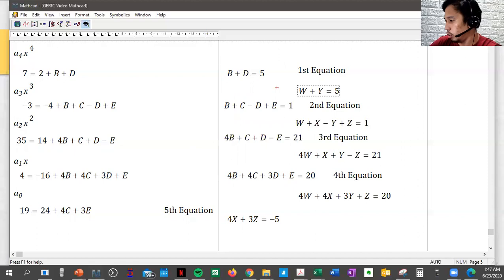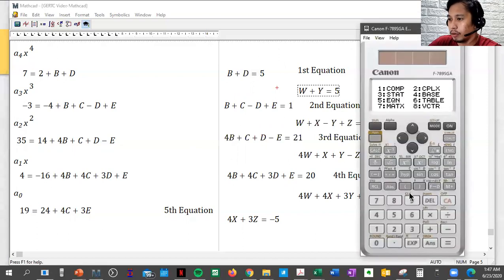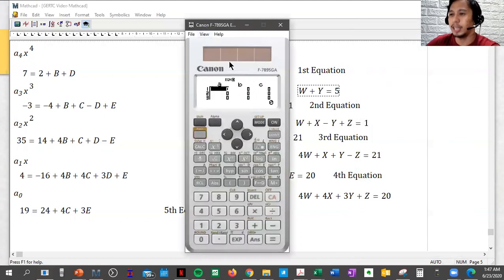Sa calculator. So, mode 5. Then 4 unknowns. That's a good thing nitong Canon. Now, it can evaluate up to 4 equations for unknowns. So, A is the coefficient of W. So, that is 1. B, coefficient of X, 0. C, coefficient of Y, it's 1.